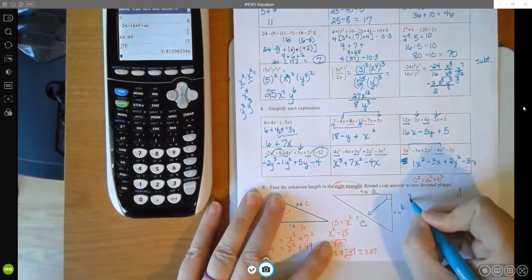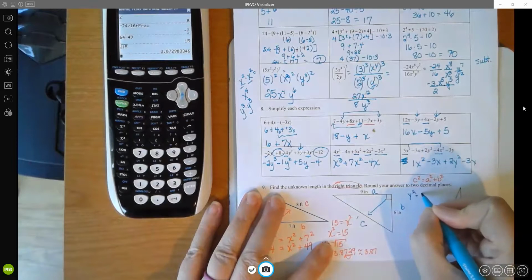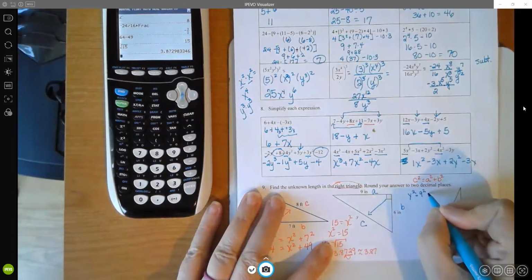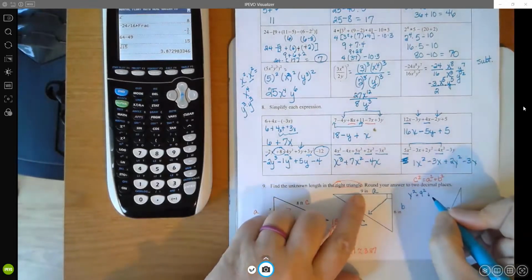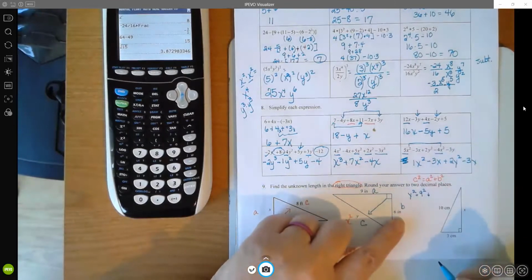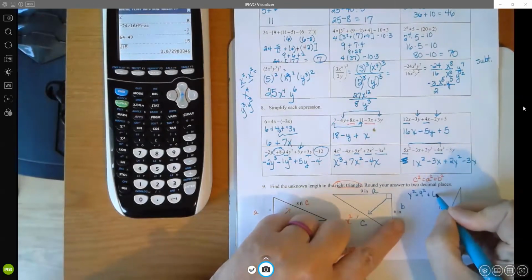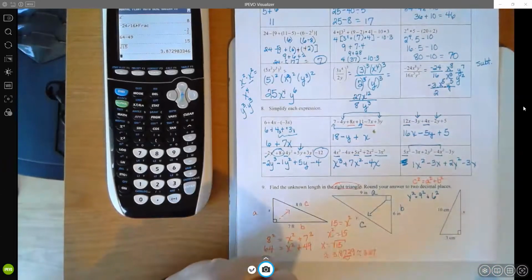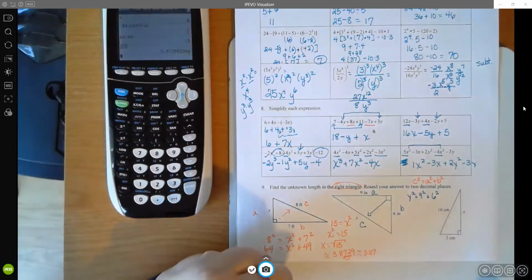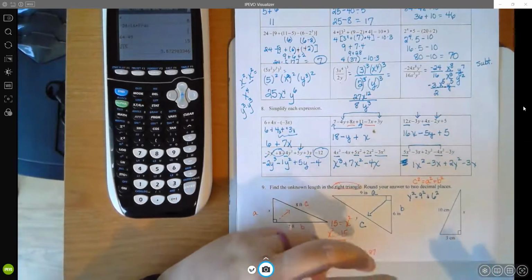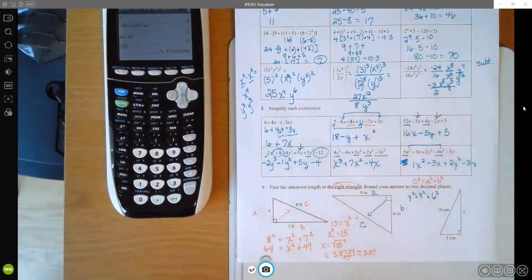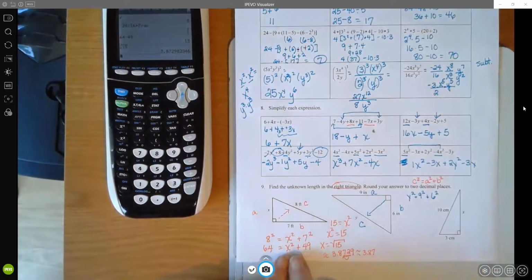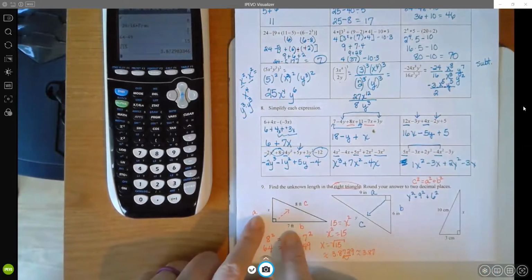So that would be y squared equals 9 squared, which would be my a, plus b squared, which would be my 6. So that gives me y squared equals 9 squared plus 6 squared. So when I look at this, notice at this time, my unknown is my hypotenuse. Here, my unknown was my leg.